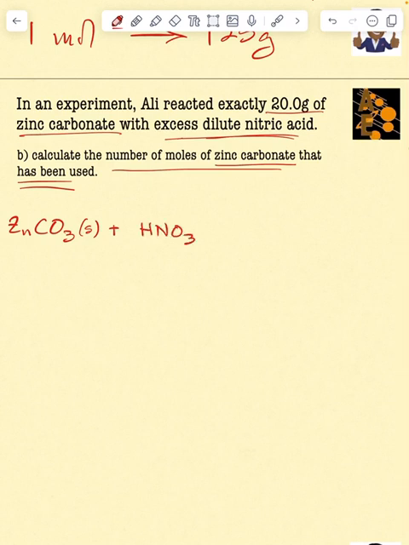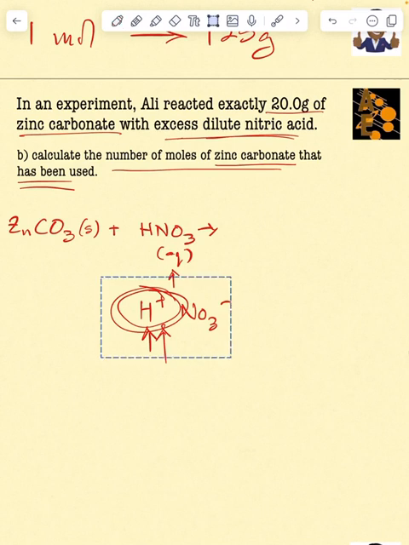This acid must be aqueous because of a little bit of the property of acid. Acid is where a substance dissolves in water and ionizes into hydrogen ions and NO3 minus. As long as it gives you H plus ions when dissolved in water, please take note, it has to dissolve in water and it has to produce H plus ions, then we can call that particular substance an acid. If not, it is not an acid. That's why for every acid the state symbol must be aq, aqueous.